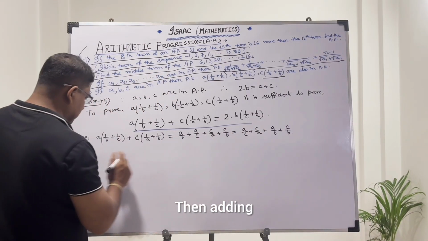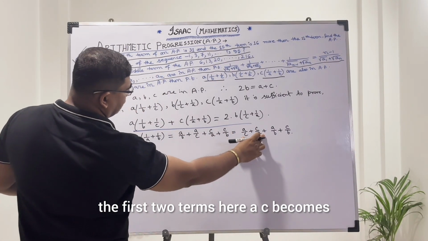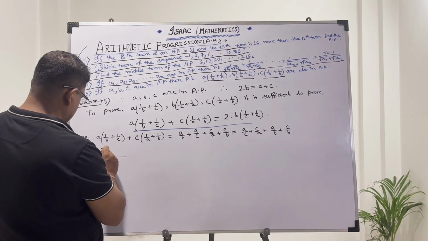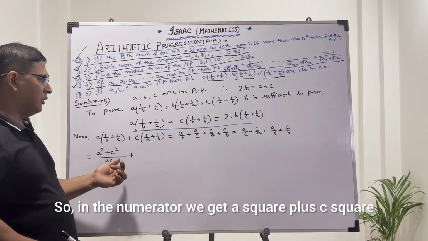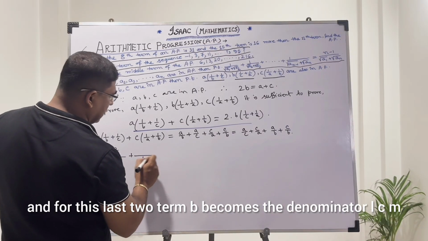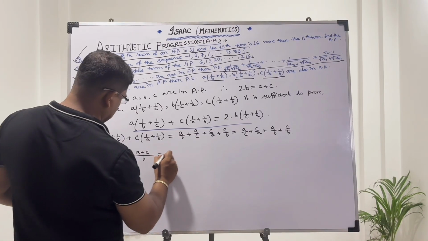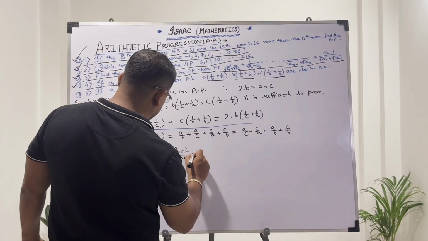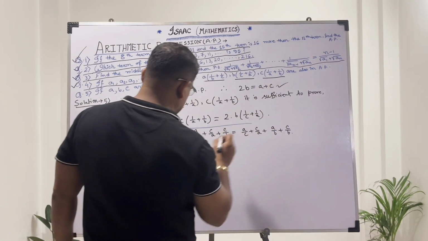Then adding the first two terms, here AC becomes the LCM. So in the numerator we get A square plus C square, and for these last two terms B becomes the denominator LCM. So in the numerator we have A plus C. A plus C is equal to 2B from this given.